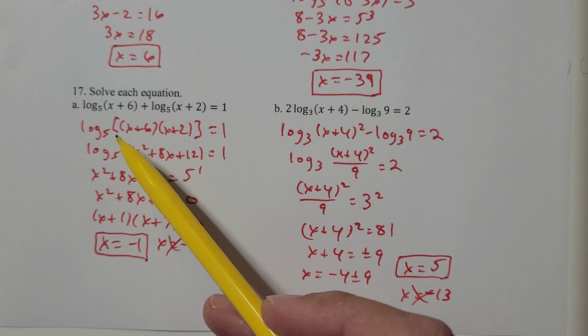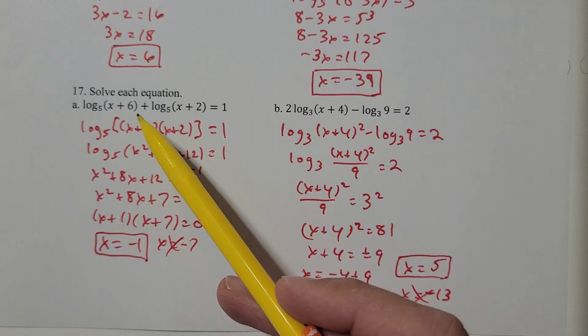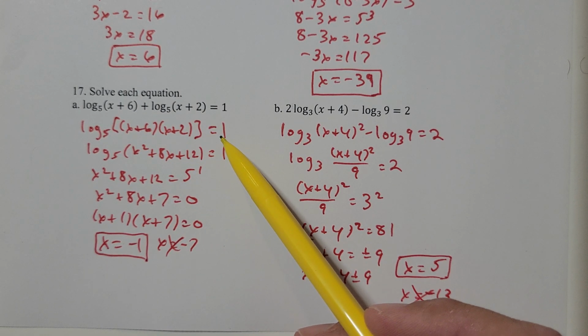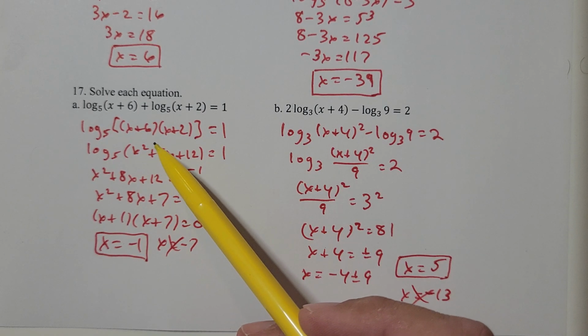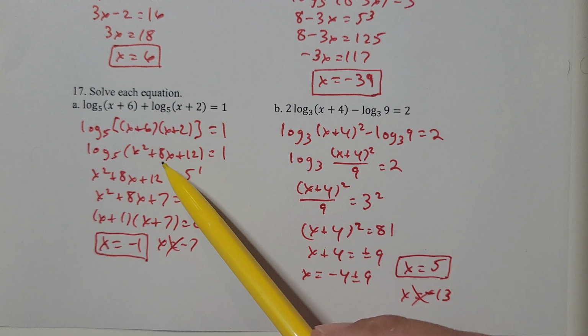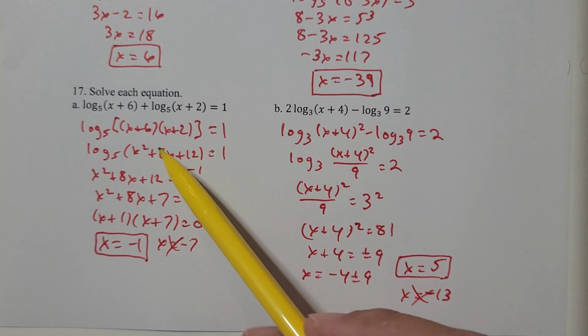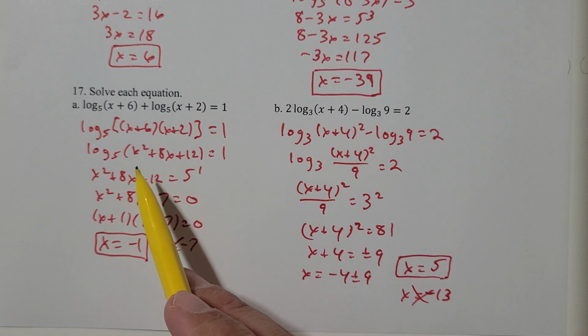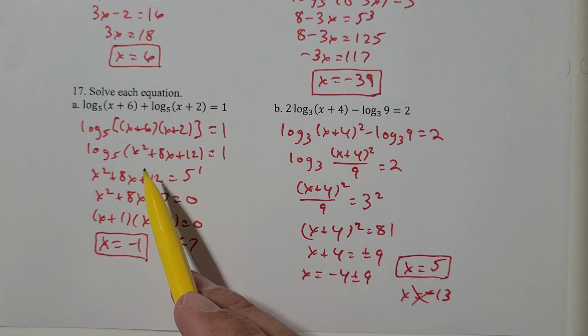I got log base 5 of x plus 6 times x plus 2, that's equal to 1. x plus 6 times x plus 2, that'd be x squared plus 8x plus 12 when I FOIL that out. Now at this point, let me use the definition of a logarithm, and I'll convert that to an exponential form.